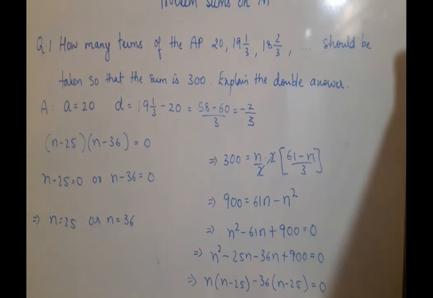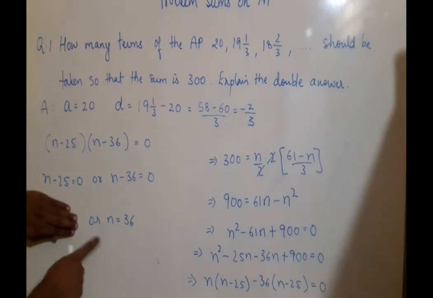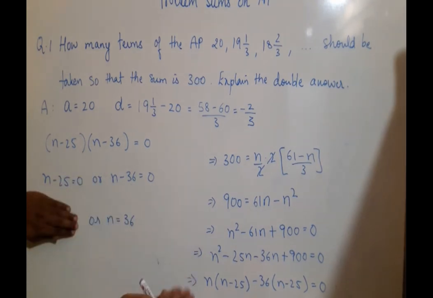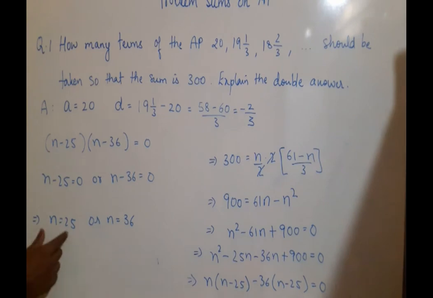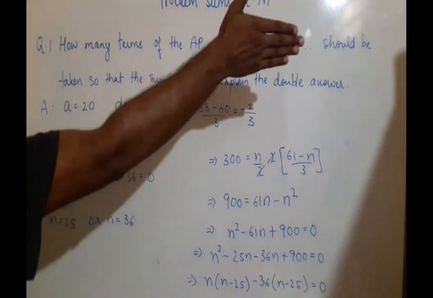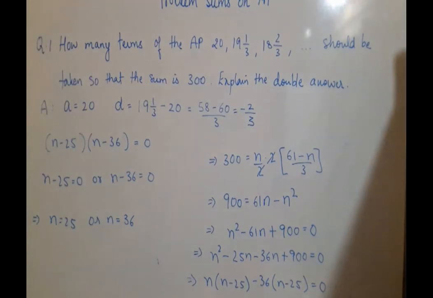So after the 25th term, from the 26th to the 36th terms, there are positive and negative terms whose sum is 0. So when I take 25 terms of this sequence, and when I go to 36, the next 11 terms, the sum of the next 11 terms is 0. So adding the sum of the next 11 terms to the 25 terms, still the answer would remain the same. So that is the double answer.